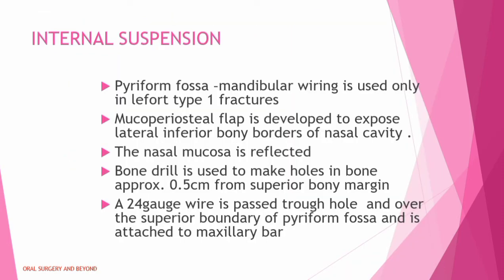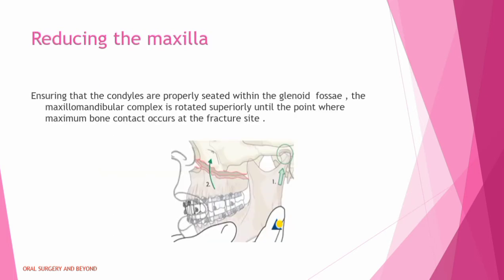Internasal suspension, from the pyriform fossa as I said earlier in the images, with mandibular wiring is used only in Le Fort 1 type 1 fractures. As this is a low level fracture, if the fracture is above the pyriform fossa or the nasal aperture, then we cannot do this kind of internasal suspension.